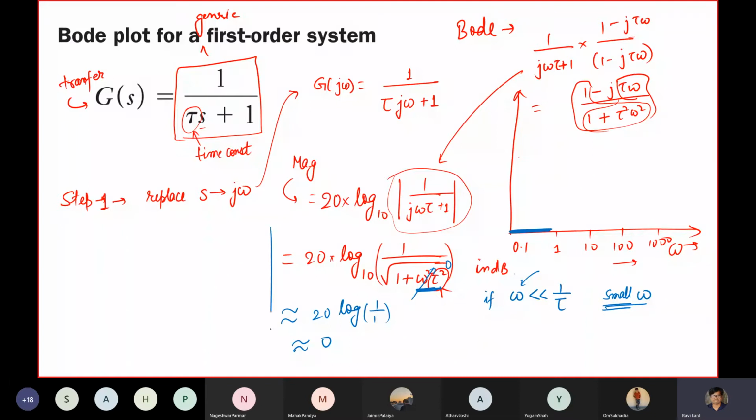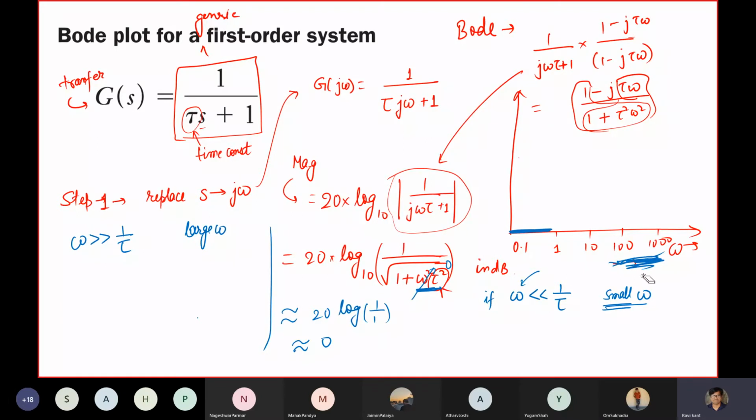Okay, now let's take another case, when omega is much greater than 1 upon tau. So very large omega. I'm talking about values like thousands and hundreds.